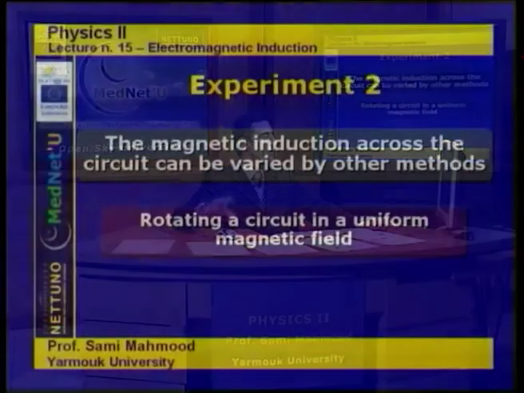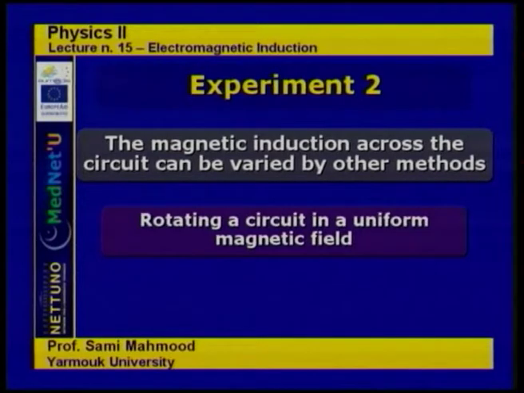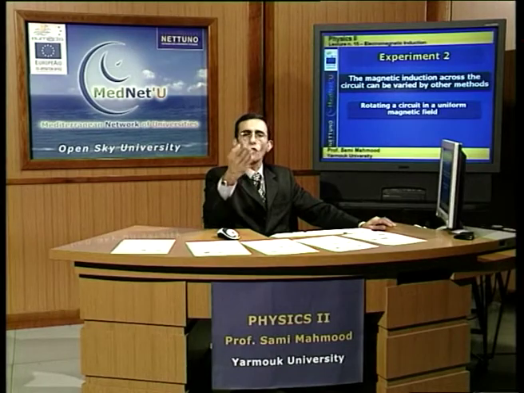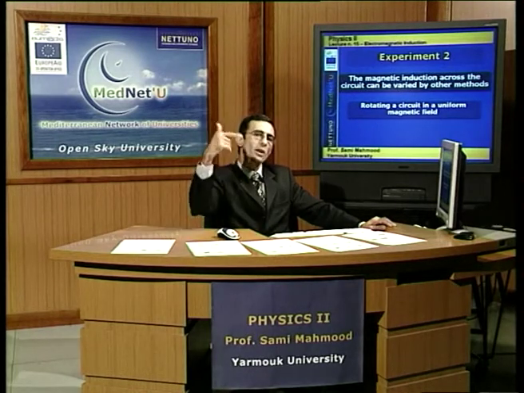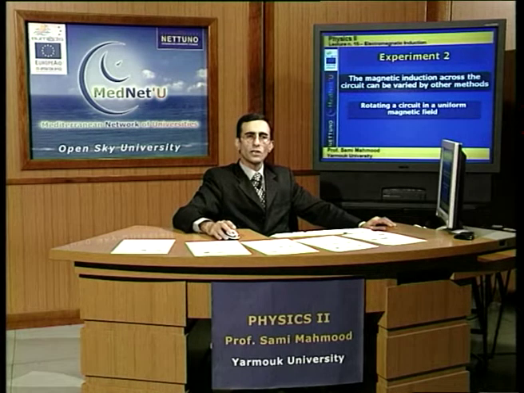the induction. So if we have a uniform magnetic field, for example, and we rotate the loop in the field, then rotating the loop will see different directions for the magnetic field as it rotates. Thus, the magnetic induction will be changing across the loop. So this is also another way of changing the magnetic induction across the loop.